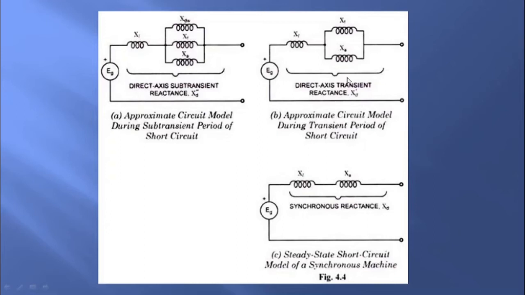So only two reactances come into the picture in the transient period, XF and XA: XA is the armature winding reactance and XF is the field winding reactance. Further, when the oscillation damps out and you reach the steady state period, the XF effect also disappears. The field winding reactance disappears, and you just have the series combination of XL and XA, where XL is the leakage reactance and XA is the armature winding reactance.